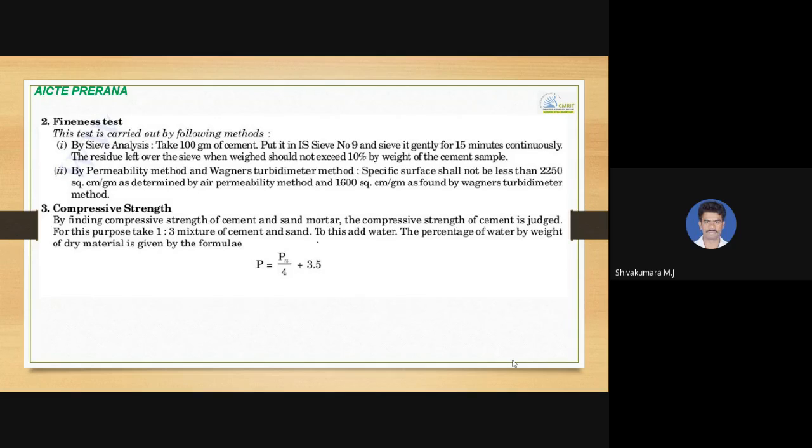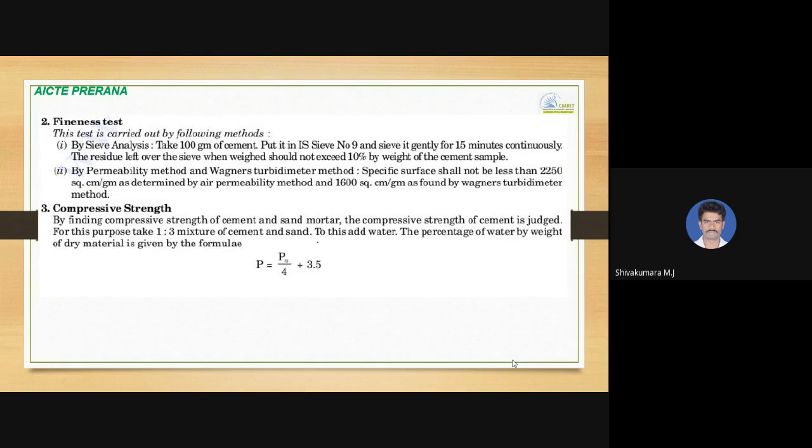After 15 minutes, whatever residue is left on top of the sieve should be weighed. The percentage of residue should not be greater than 10% by weight of the cement sample taken. So it's a simple method to check the fineness of cement. If it is greater than 10%, that is not an acceptable type of cement for construction.